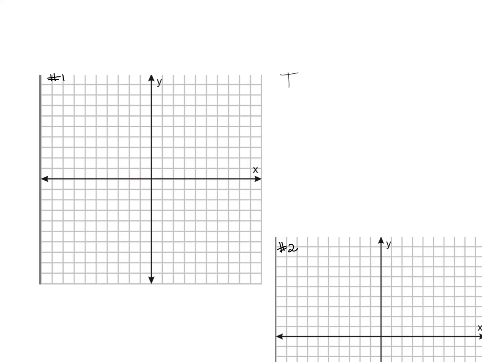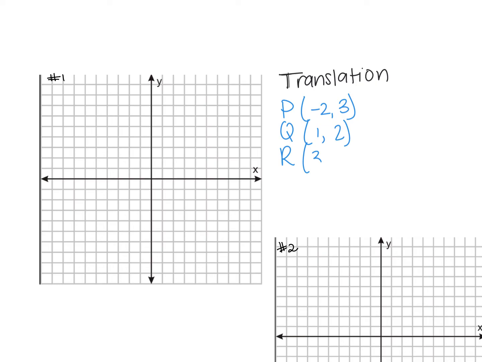This one is a, let me make it a little bigger, translation. We started with P, Q, and R: (-2, 3), (1, 2), (3, -1). And then the change.